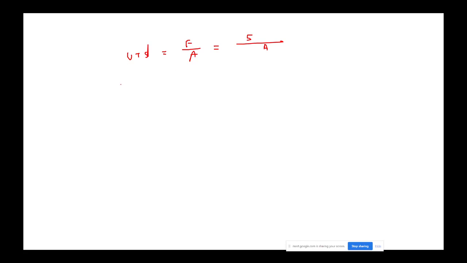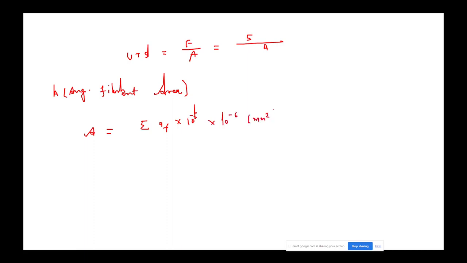A is nothing but the average filament area, and A equals the summation of AF multiplied by 10 to the power minus 6, multiplied by 10 to the power minus 6, and this will come in mm square.